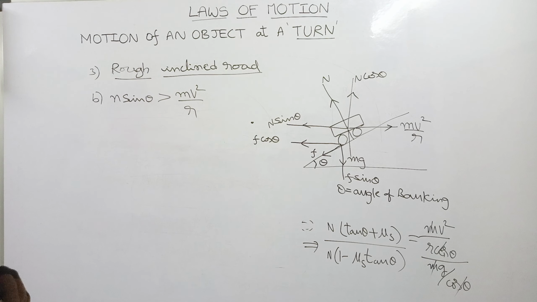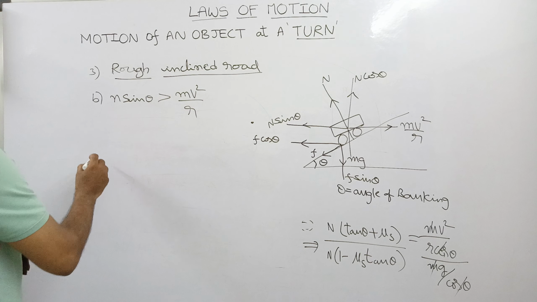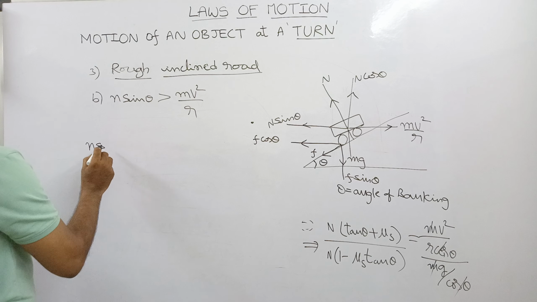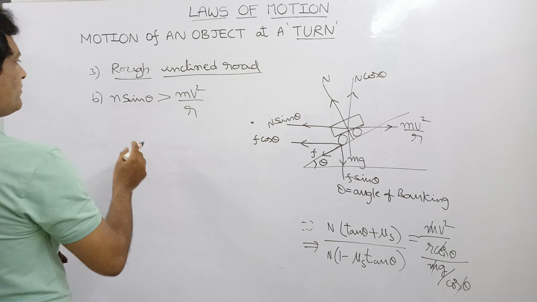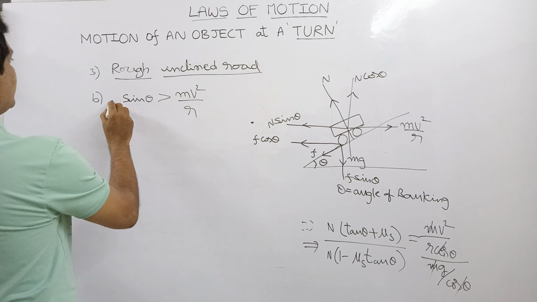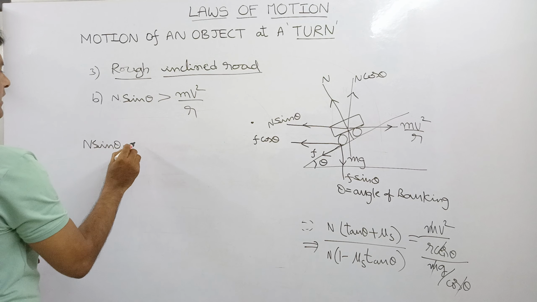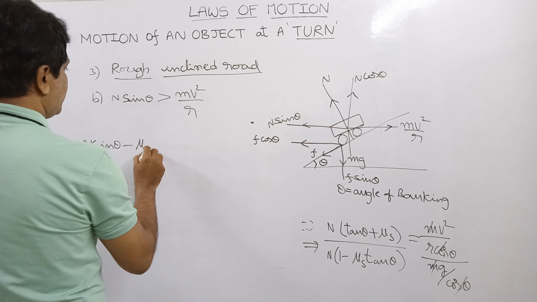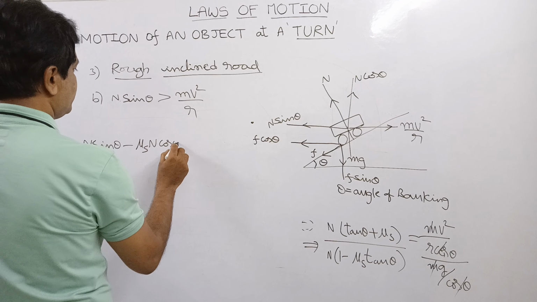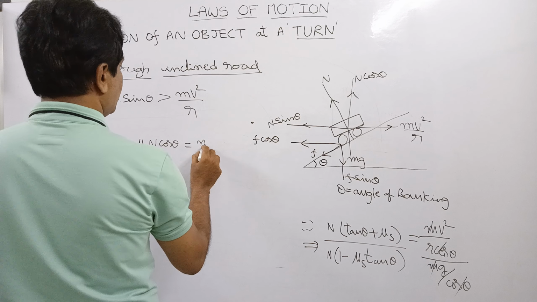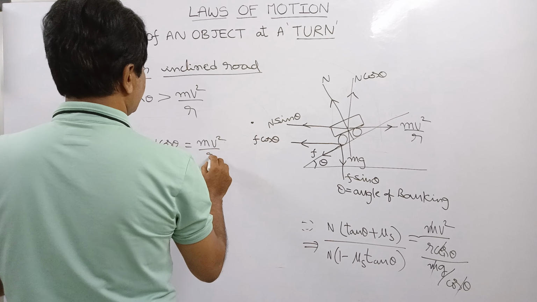What are the equations? We will observe here. N is nothing but the normal reaction, we have taken capital N. N sin theta minus mu s n cos theta is equal to mv square by r.